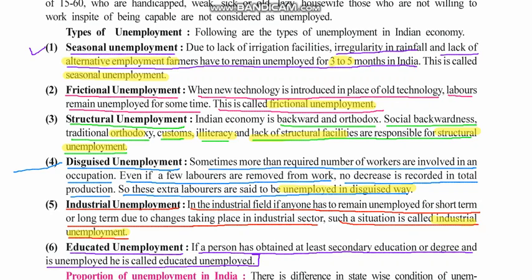A person who is literate but doesn't get work is termed educated unemployed. So these are the 6 types of unemployment, and they can be asked as short notes, so remember them, right? We'll stop here in this particular video lecture.